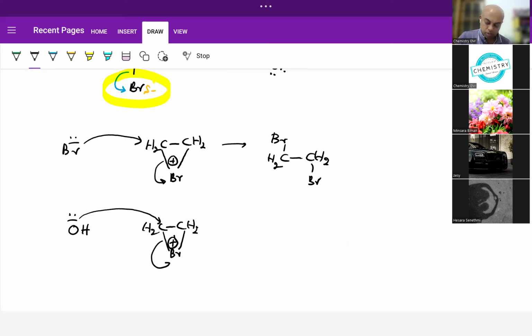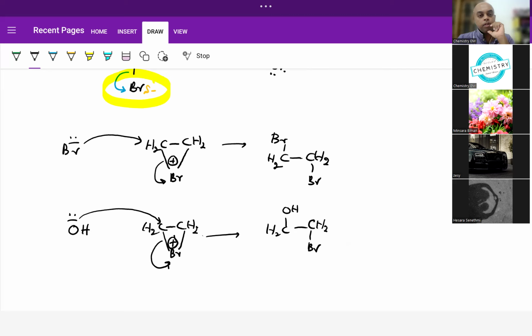This will be cleaved towards this direction. Then we will have something like this. Not the expected result. So that's why it is mandatory to apply CCl4 with Br2.